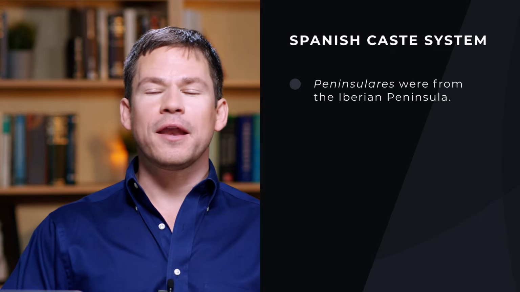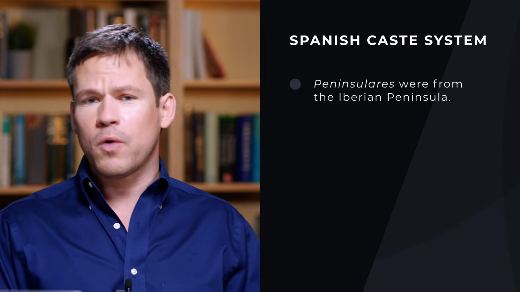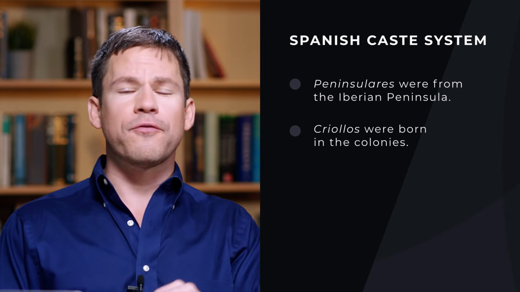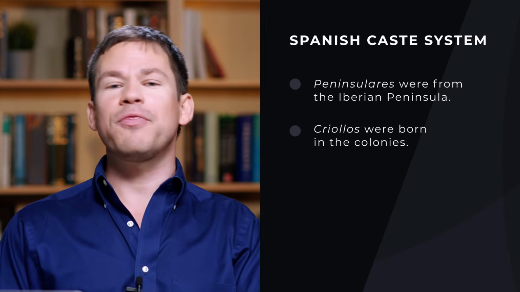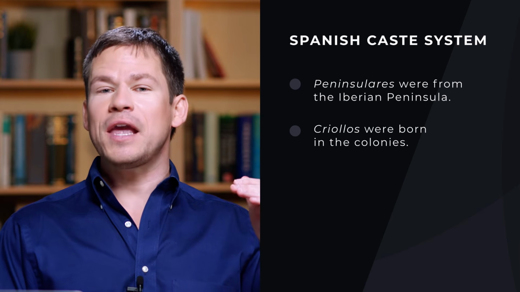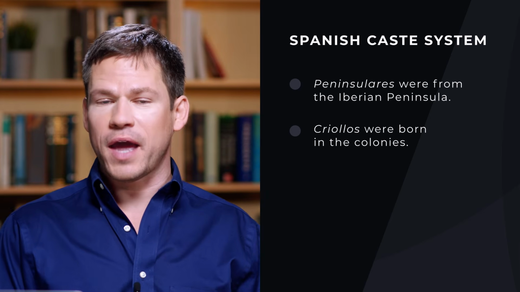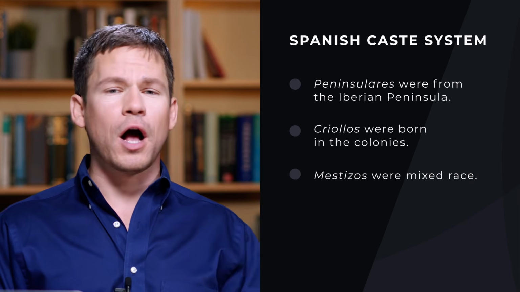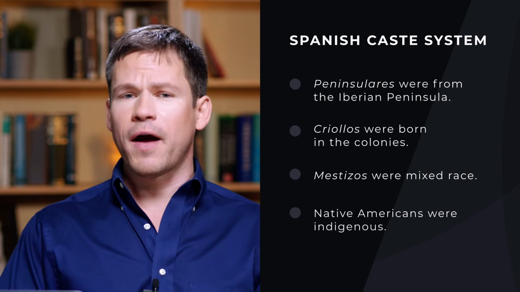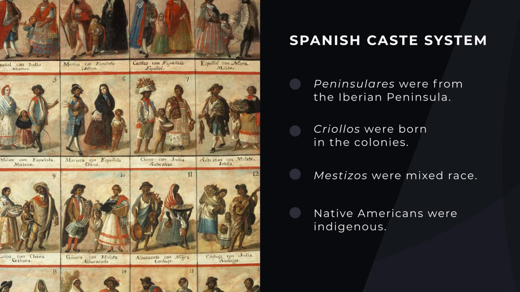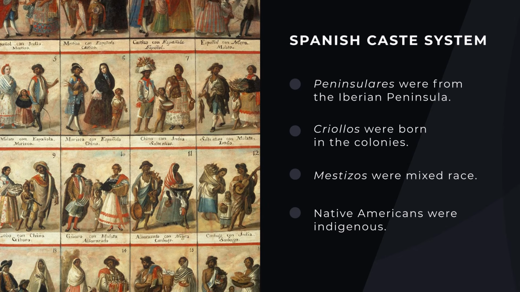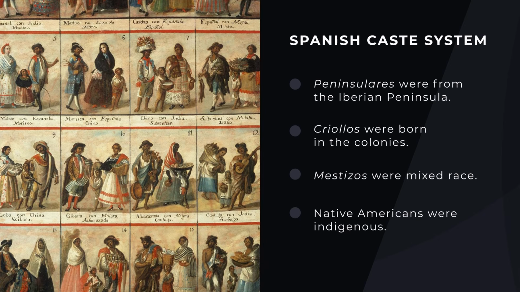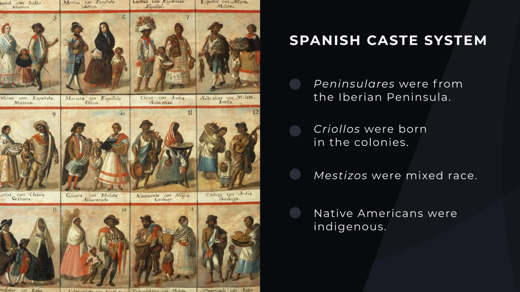And so then you will get into the Creoles, which were people who were of Spanish blood, but they were born in the colonies. They were seen as less than the people who came from Spain. And then you've got the mestizos, the people in the colonies who were of mixed race, and then finally the Indians. So note that there is this caste system that developed based on race and also your place of origin.